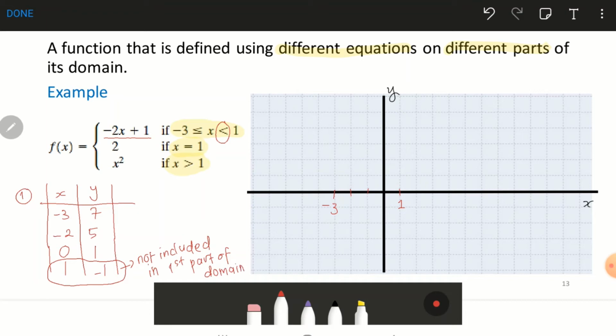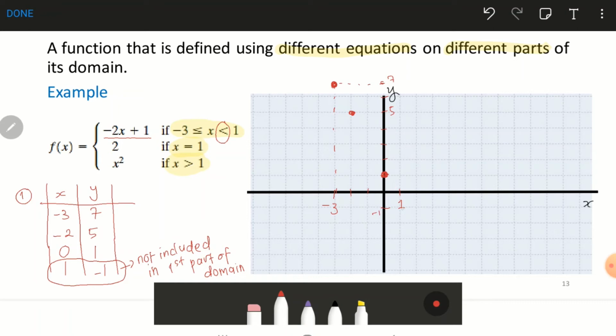Okay, so I'm going to plot the points. We have 1, 2, 3, 4, 5, 6, let's say 7 over here. Here's our point, then -2 to 5, 0 to 1, and 1 to -1.